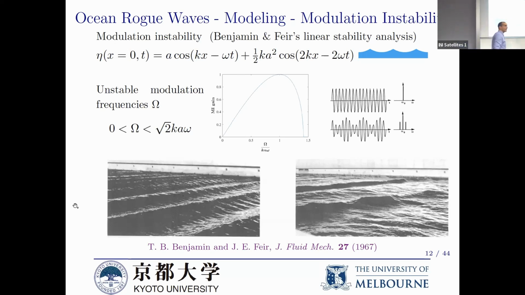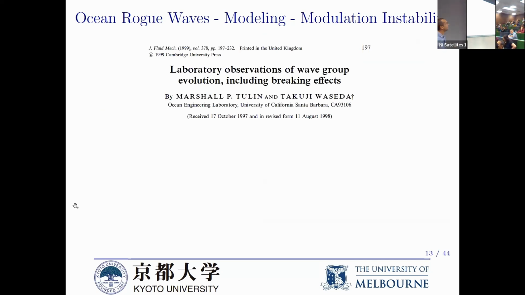However, even though this is of course a fundamental mechanism, modulation instability, based on the linear stability analysis of the second-order Stokes waves, is in a sense not physical because it just tells us that the sidebands will start to grow exponentially. That's it, but nothing grows to infinity, right? So we need saturation. Saturation will be reached at some point, and it's not described by the linear stability analysis.